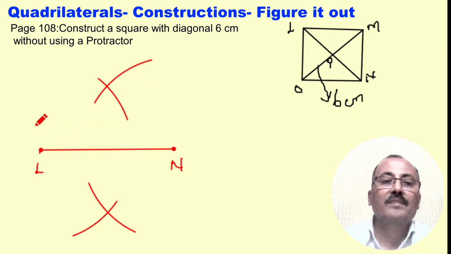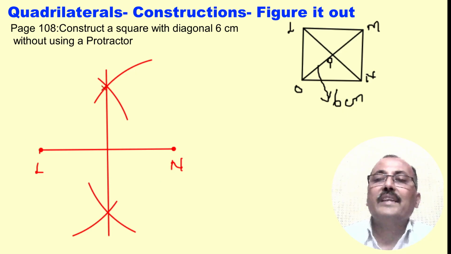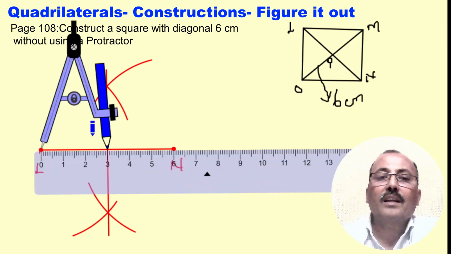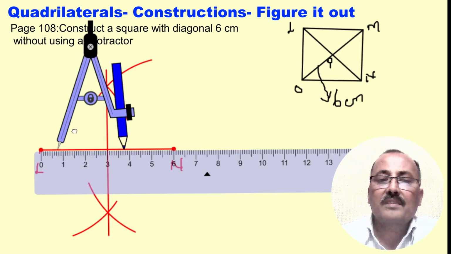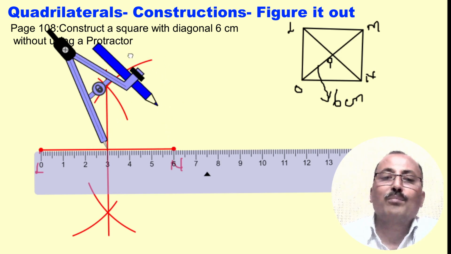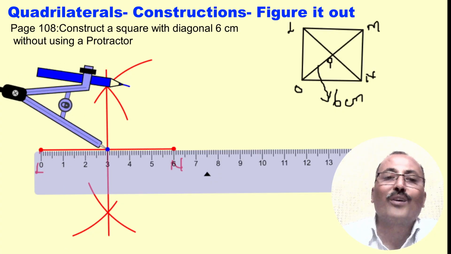Remove the compass. Now join that line segment. Now where to join this? That is very important. With the help of the ruler, take the measurement of 6 centimeter from the compass. That 3 centimeter you have to mark. Now cut that line, cut the ray both up and down.